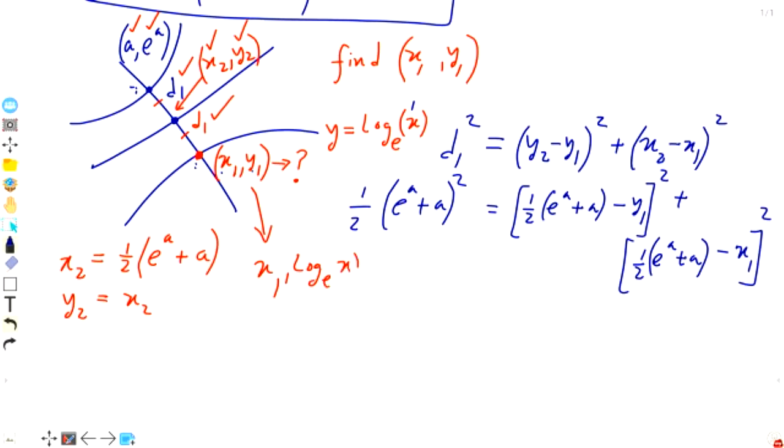log X1. So essentially what you have to do, you leave it like this, you replace this by, see what I'm saying?